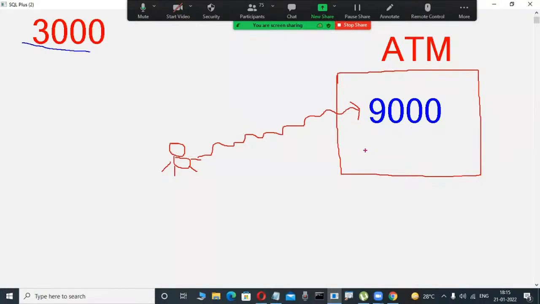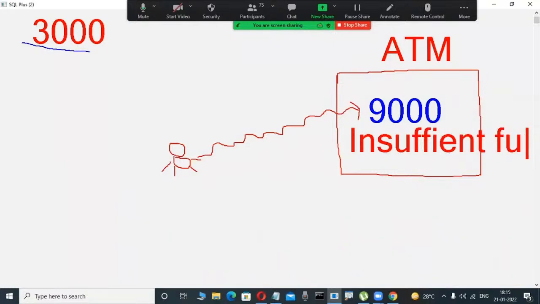In this case it will give a message, as you observe on your ATM machines, maybe something like insufficient funds. Because your balance is low, 3,000, but you are trying to withdraw more than 3,000, that is 9,000, 8,000, 7,000 like that. How is it possible?